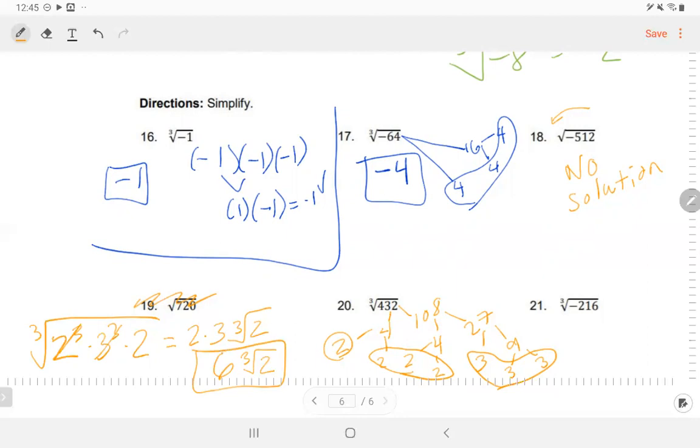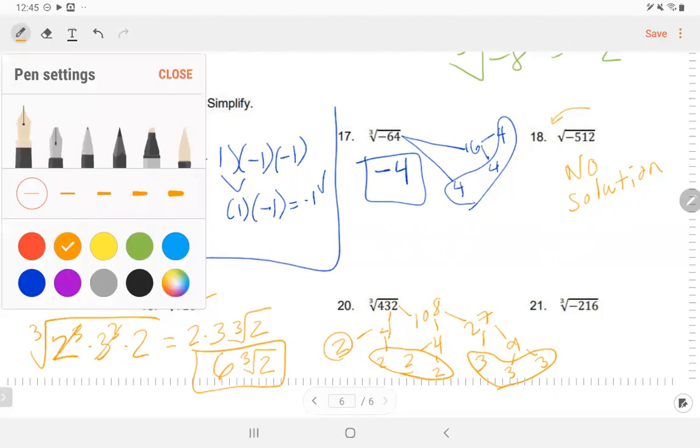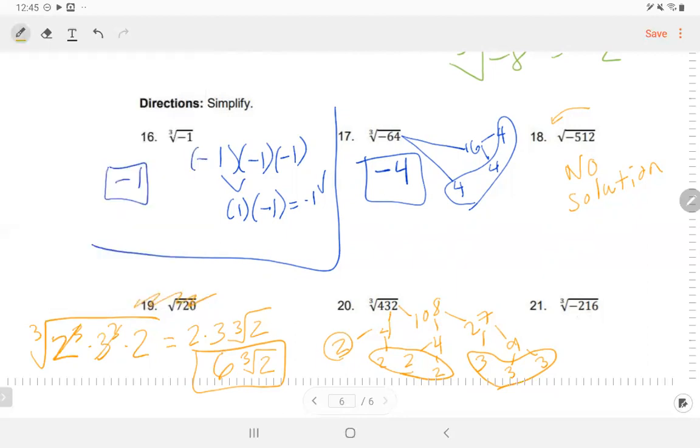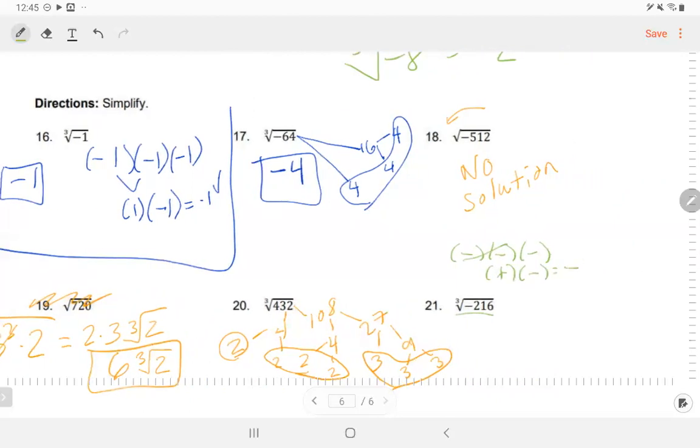And then finally, 216. So this is going to be a negative number because inside is negative, and that's okay because it's a cube root and not a square root. So I can have a negative times a negative that will equal a positive, but I can multiply it times a negative one more time, and it will give me a negative number.